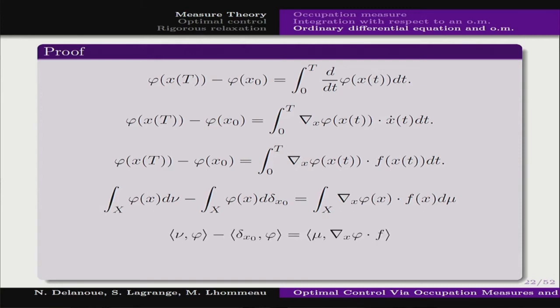Also, this is a notation I'm going to use for the rest of the talk. If I have a map that I want to integrate over the whole space, I may write this. That's a notation.